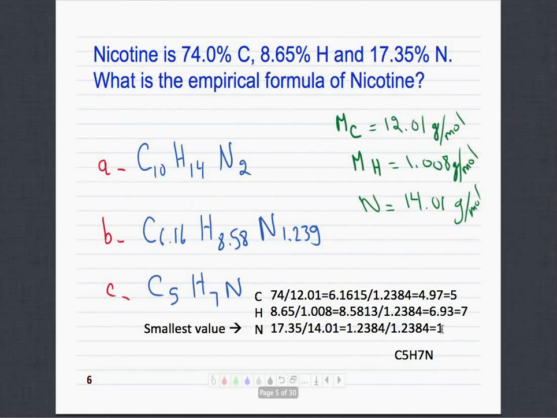Okay, now I have decimals in there. I'm going to look there and say, okay, I have to round. So carbon is 4.9. 9 is higher than 5, so I'm going to round it up to 5. 6.93, that's a 9. So I'm going to round it to 7, and nitrogen to 1. So this is the empirical formula.